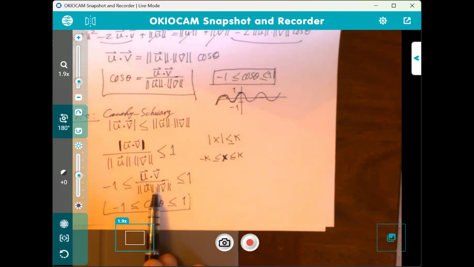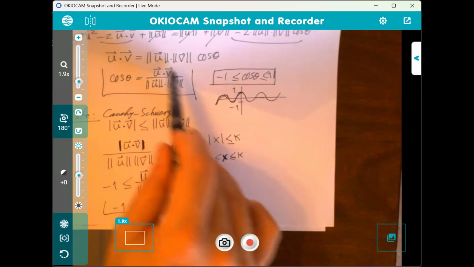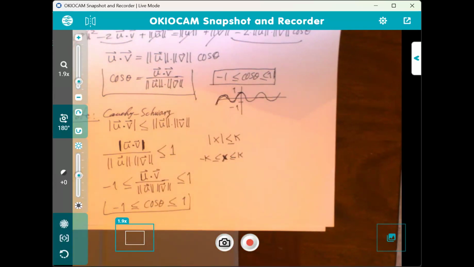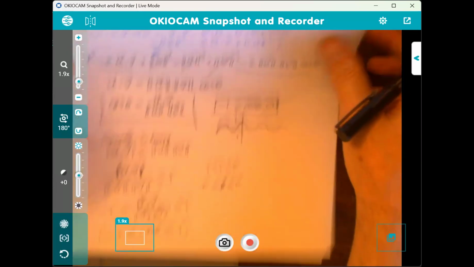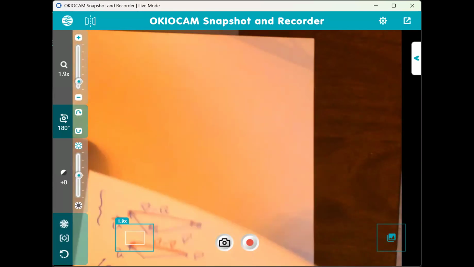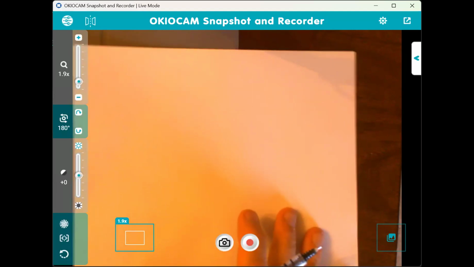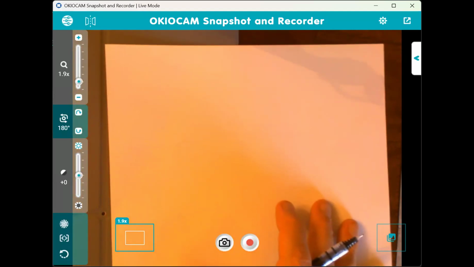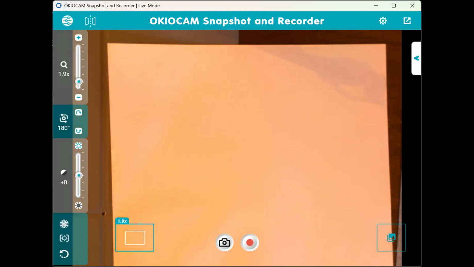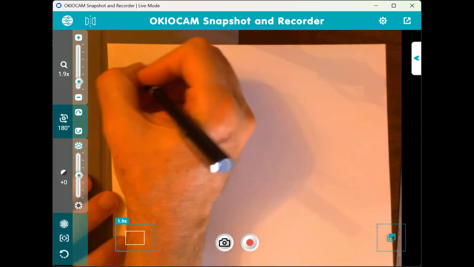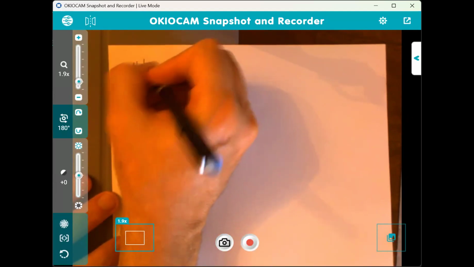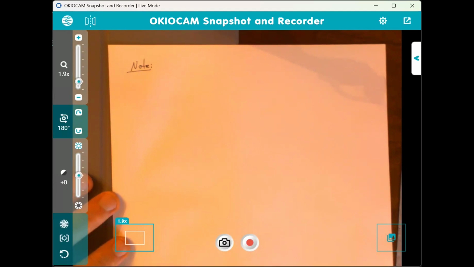So, in other words, we are guaranteed in this formula, the right side of the formula is going to be between 1 and negative 1. This is in case somebody had doubts. Like, will that ever happen? Will that ever happen that it's not between 1 and negative 1? No, it can't.